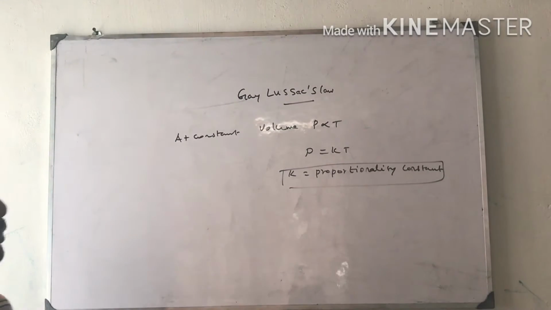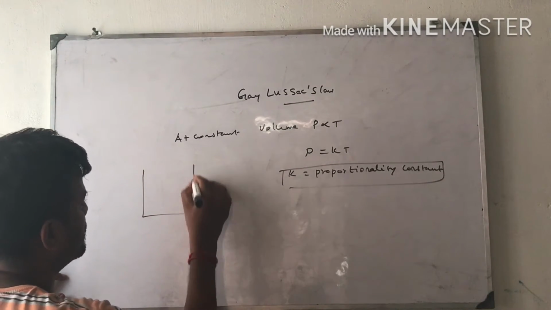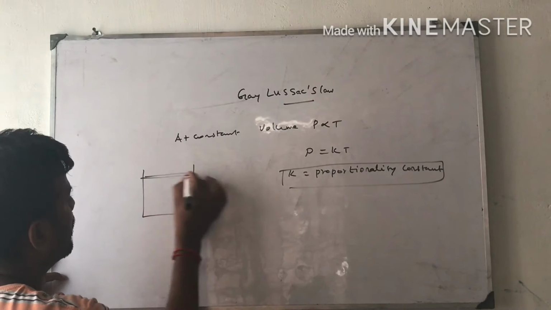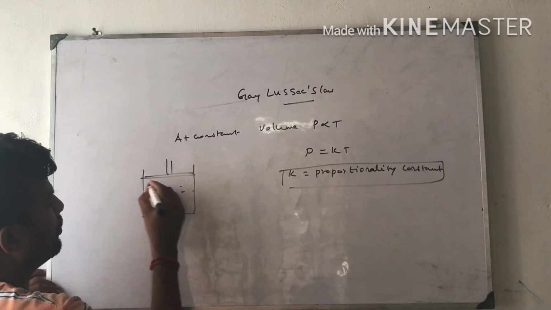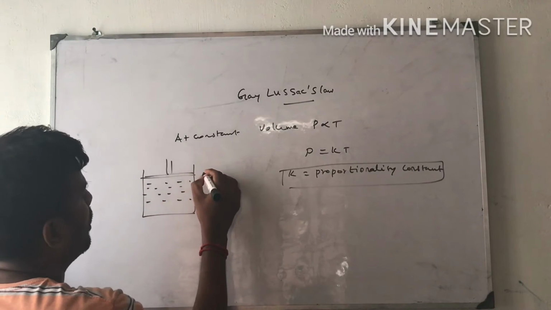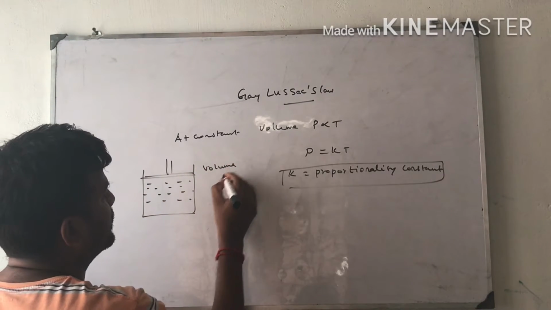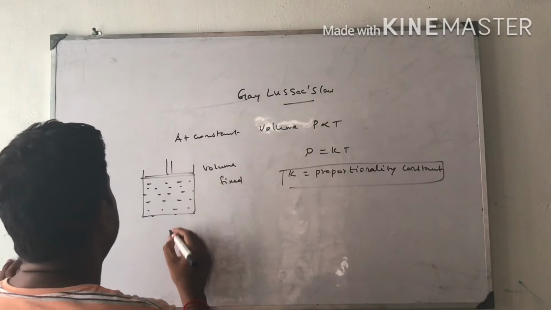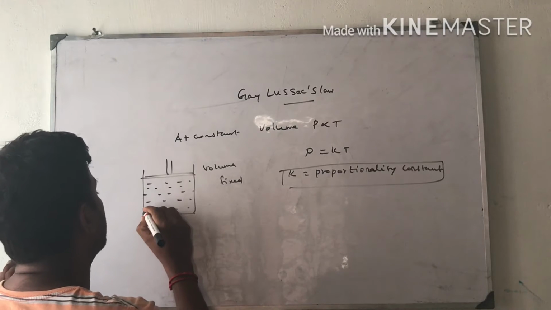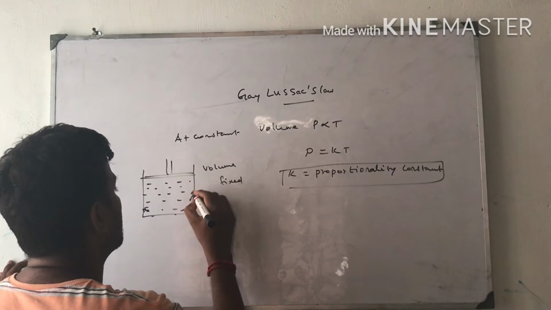Okay, now I am going to draw the diagram which explains these things. This is a cylinder covered with a piston. Here the volume will be fixed. So here, external temperature rising, what happened? The molecules move here and there.